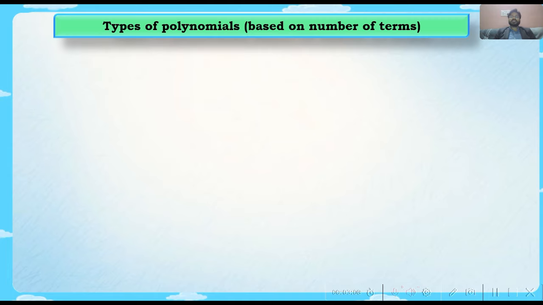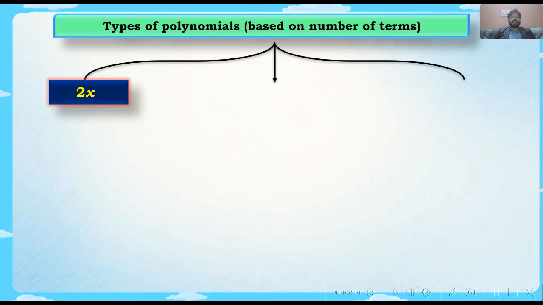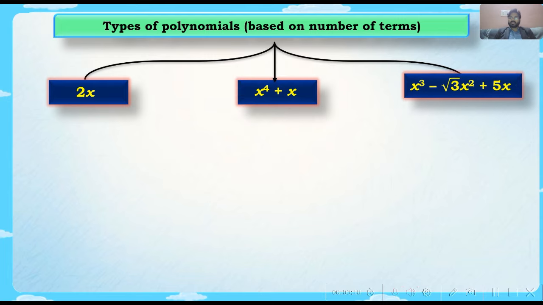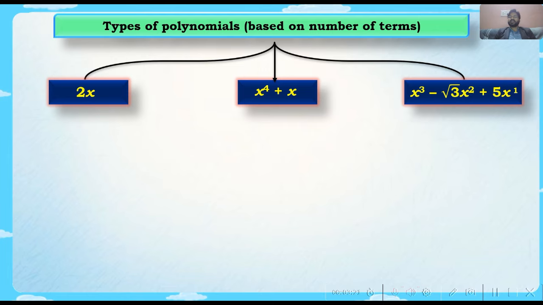Now, in next topic, we will discuss types of polynomials based on number of terms. We have 2x, x to the power 4 plus x cube minus 3x square plus 5x to the power 1.